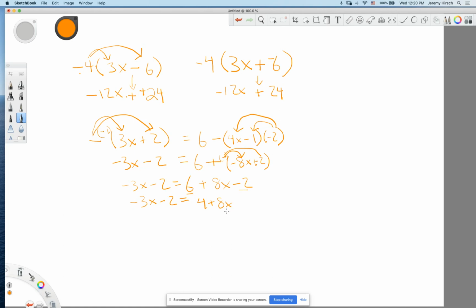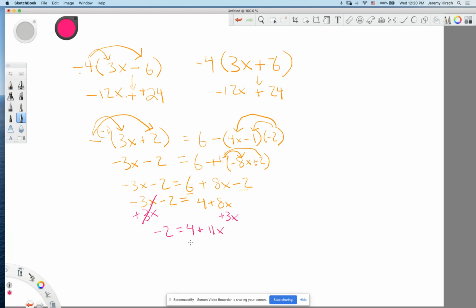Now what do we do if we have x's on both sides of the equation? We want to get them to one side. We do that by adding 3x to both sides. Minus 3x plus positive 3x cancels out. You end up with negative 2 equals 4 plus 11x.